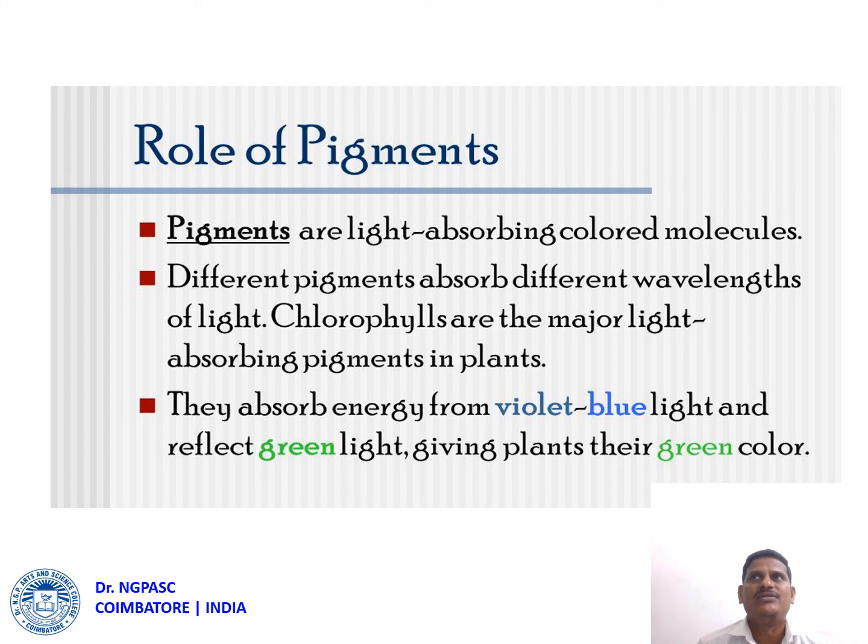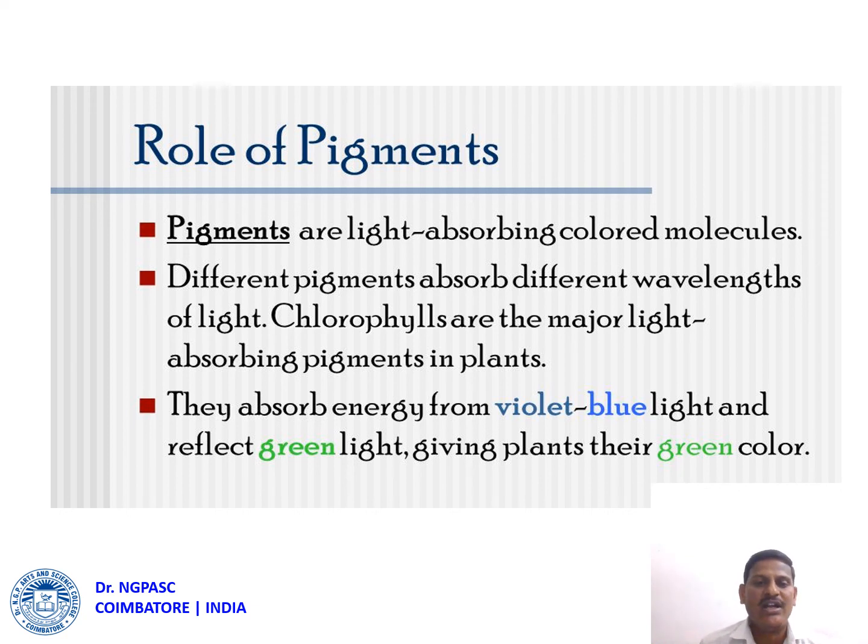Another topic: among the ingredients, the role of pigments. We should know what you mean by pigments. Pigments are nothing but light absorbing colored molecules. There are different pigments, and different pigments absorb different wavelengths of light.